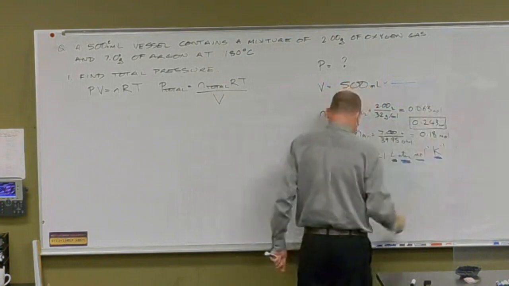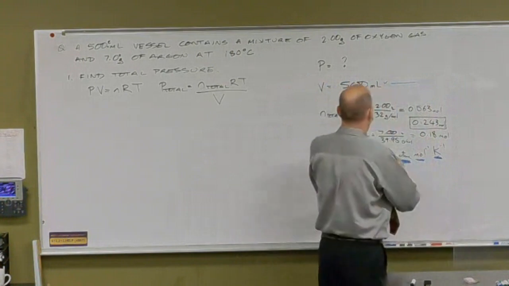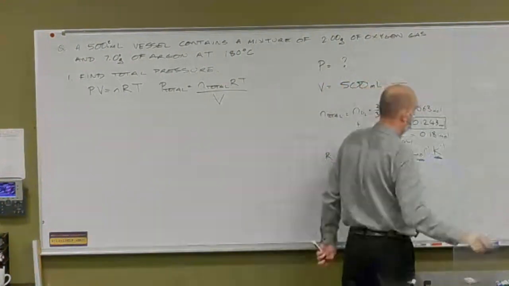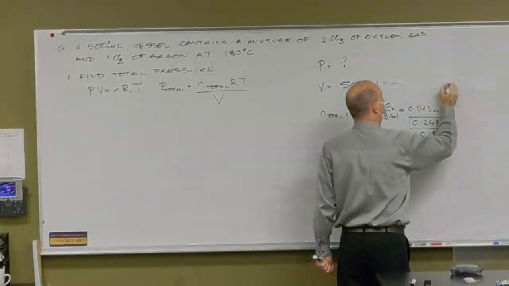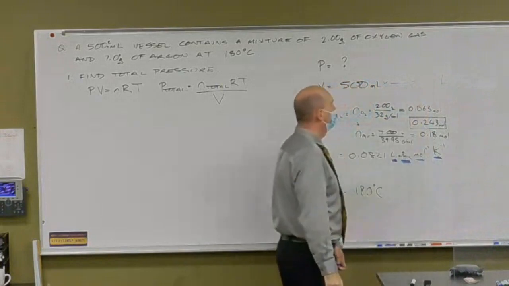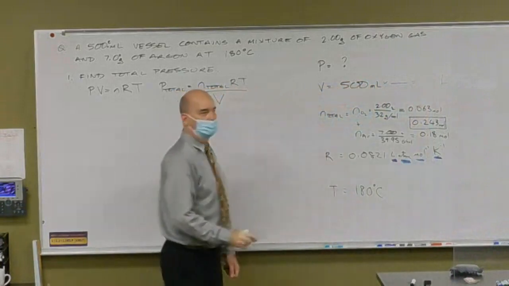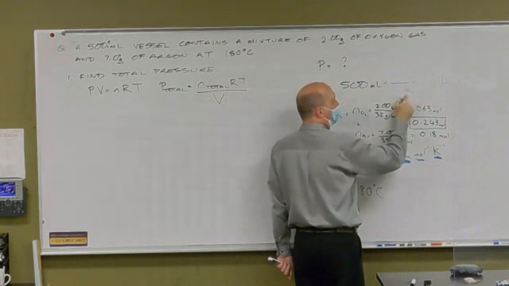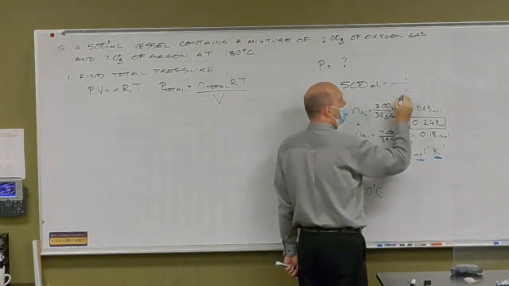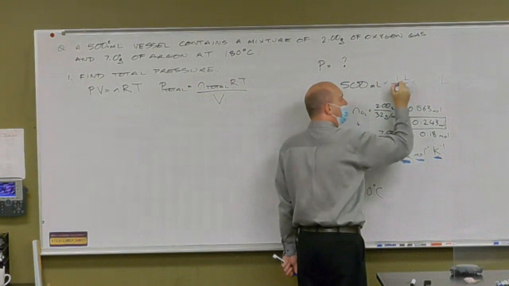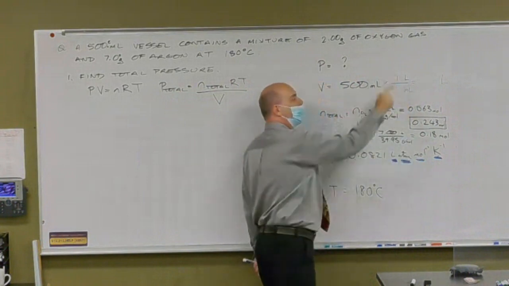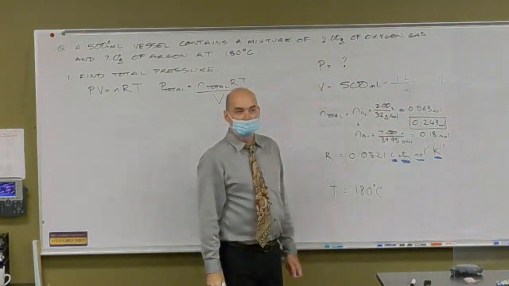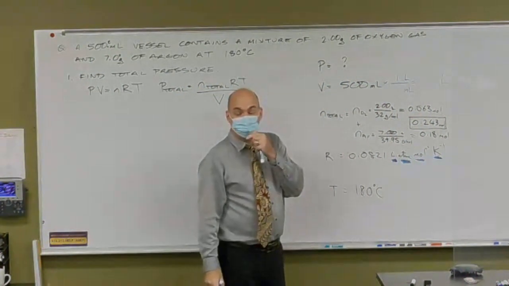That converts milliliters into liters. And in order to do that, milliliters needs to go on the bottom so it cancels, and liters needs to go on the top. So I need to know how many milliliters are in 1 liter. How many milliliters are in a liter?